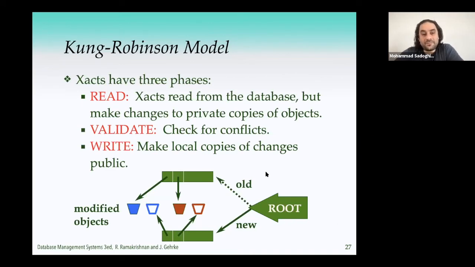Relating this back to what we discussed, in L-Store we also have this notion of an old copy and a new copy. For example, if a record has been updated, the indirection points to the old copy. Writing a new tail record and then making the indirection point to the new tail record is essentially an implementation of this idea.